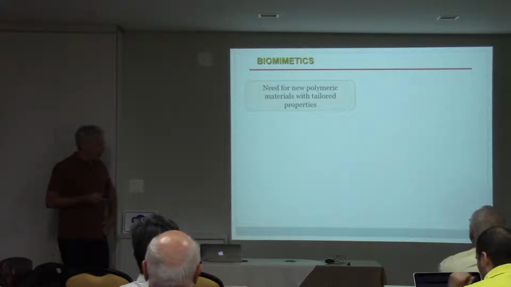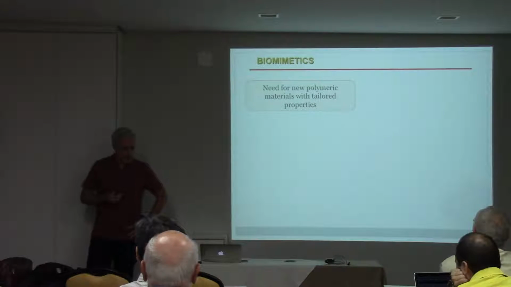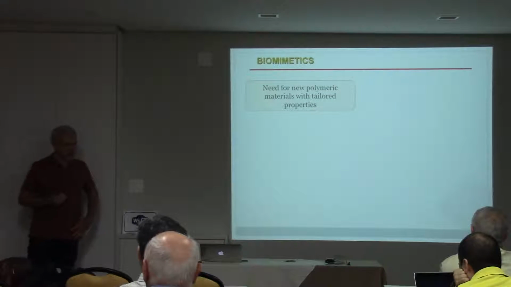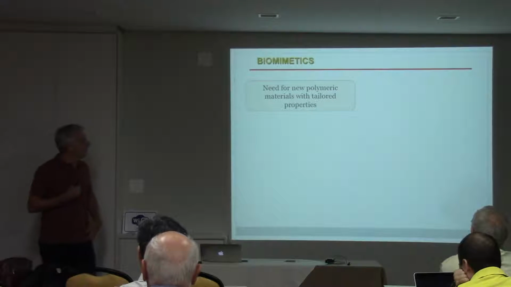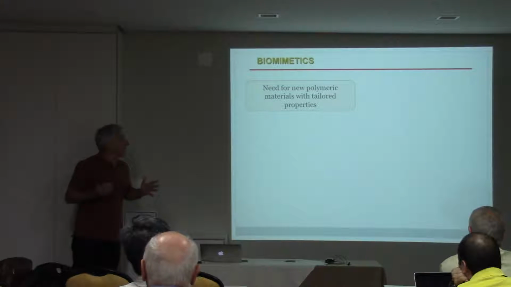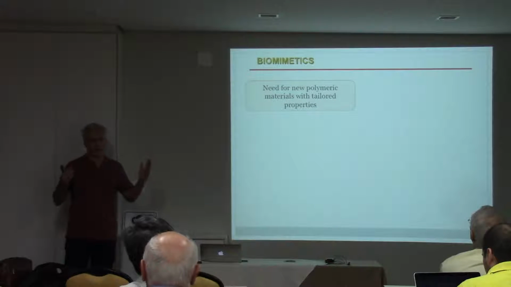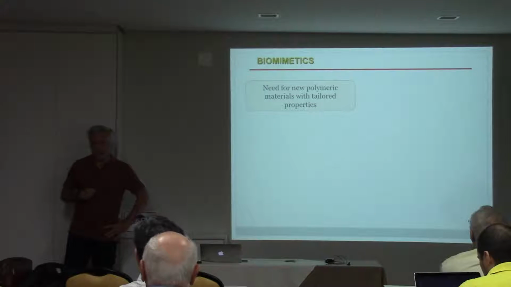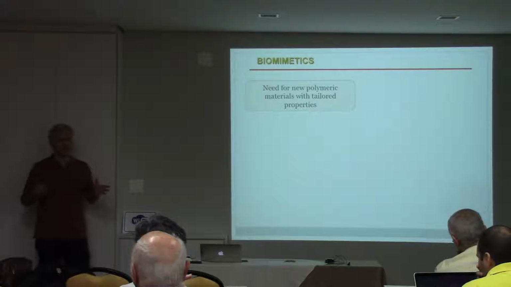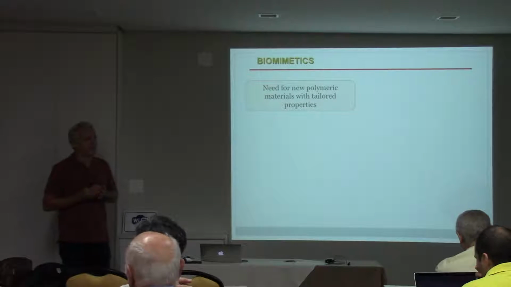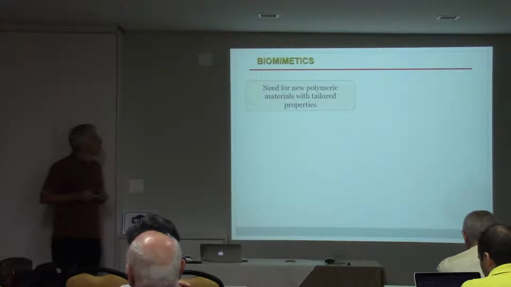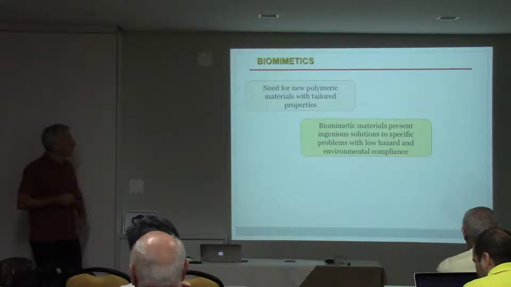In material science, scientists are all the time inventing new sophisticated materials, and recently biomimetics is a general term that has been used to learn from nature. We have many solutions that we can learn from nature.